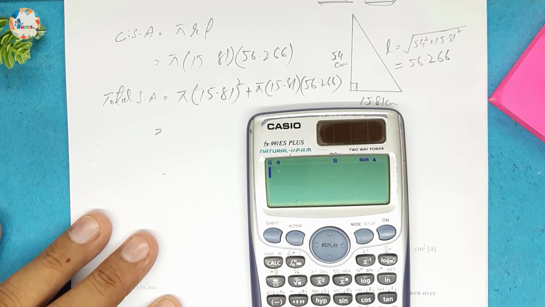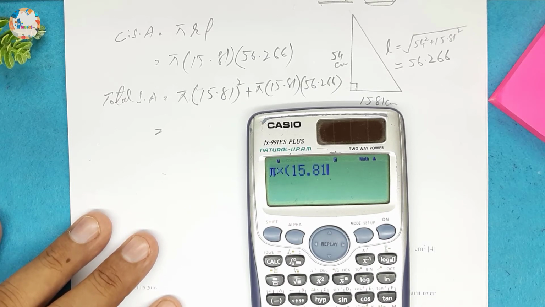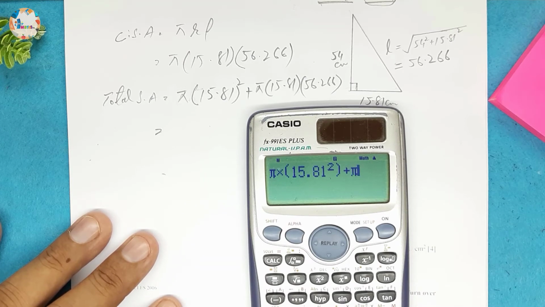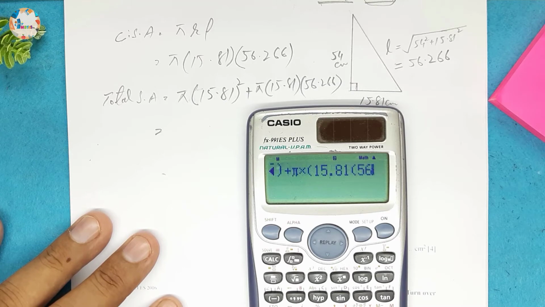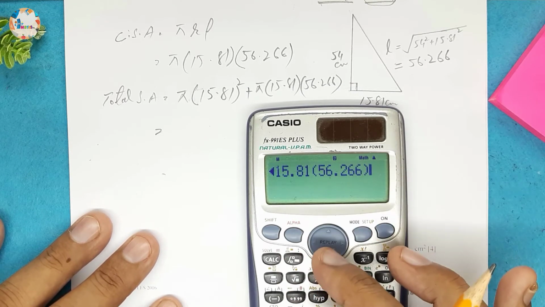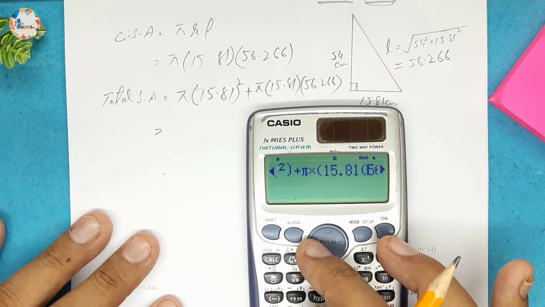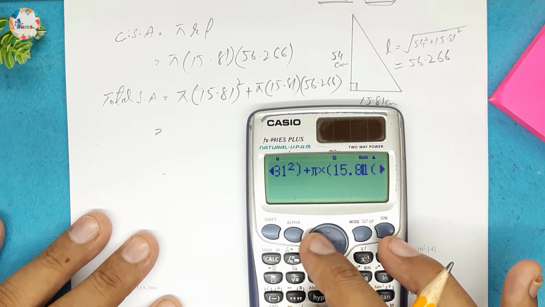So it will be pi into, in brackets, 15.81 squared, plus pi into 15.81, in brackets 56.266, bracket close, and we missed a bracket over here.